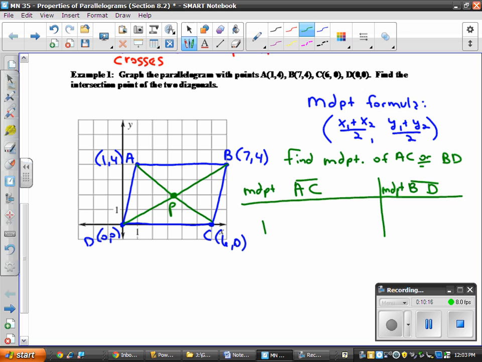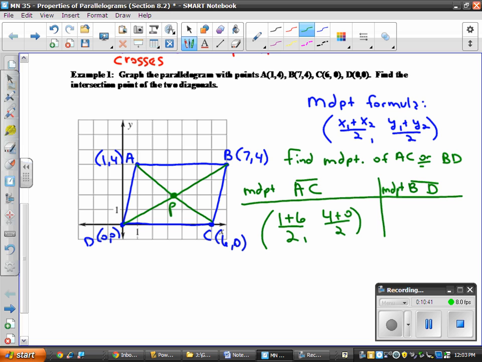Okay, so to find the midpoint of AC, we're averaging our x-coordinates and we're averaging our y-coordinates to find the middle point of the segment AC. So I'm adding my x-coordinates together, which is 1 and 6 for AC, and dividing it by 2 because we're just averaging those. Same thing with 4 plus 0 divided by 2.